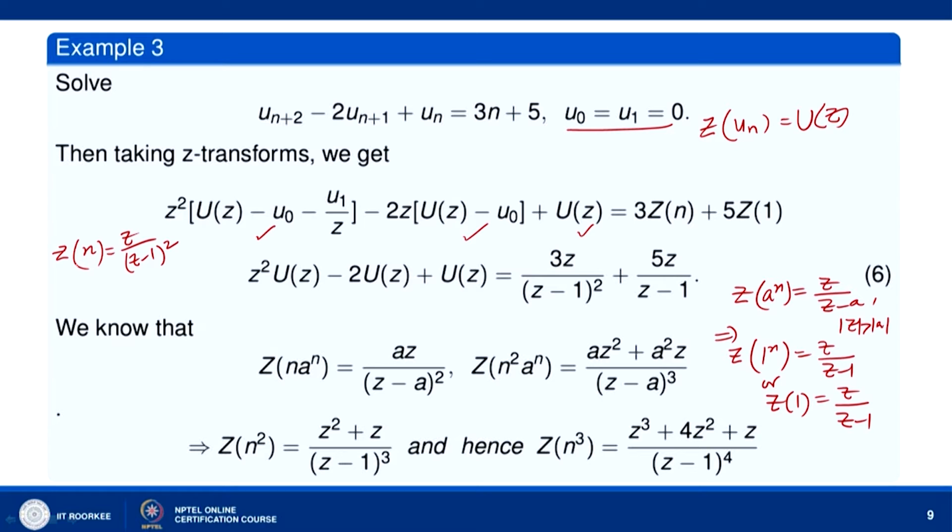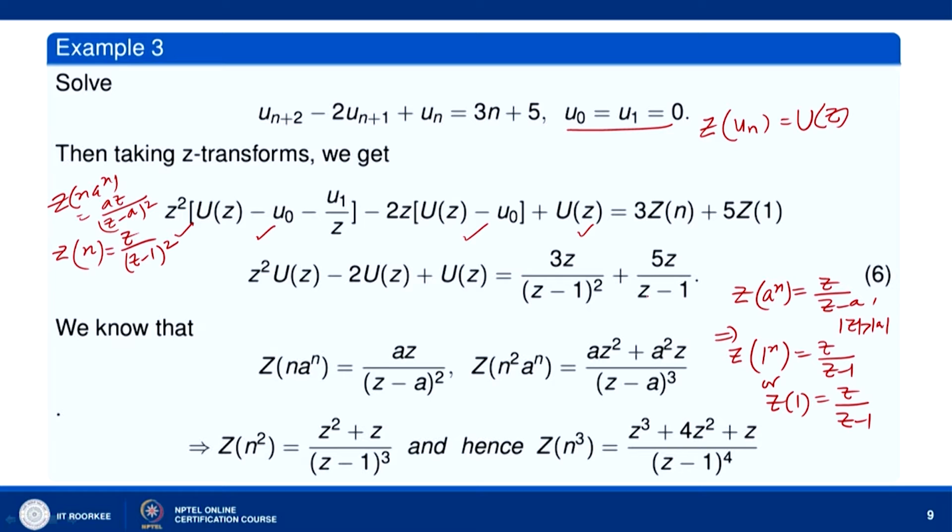I got it from the z transform of n a to the power n, in which I put a as 1. But it can be found directly, z transform of n as z over z minus 1 whole square.